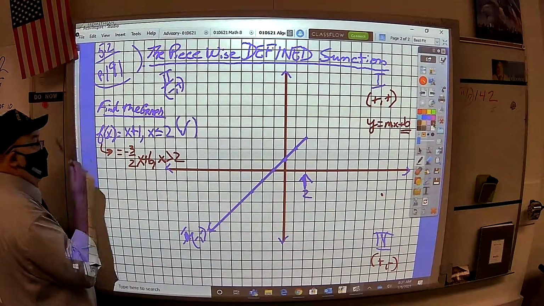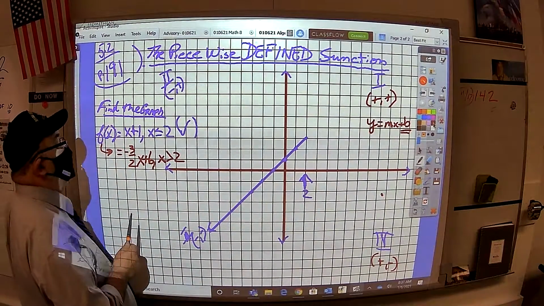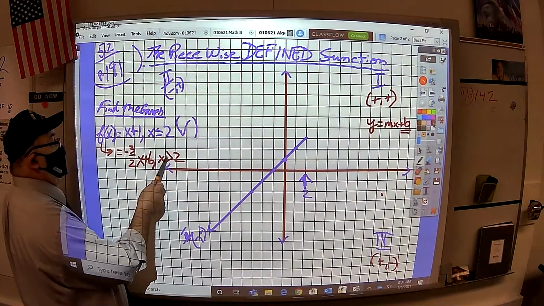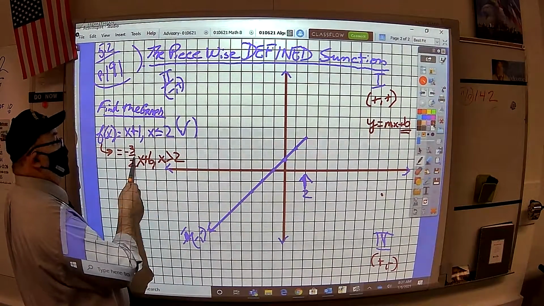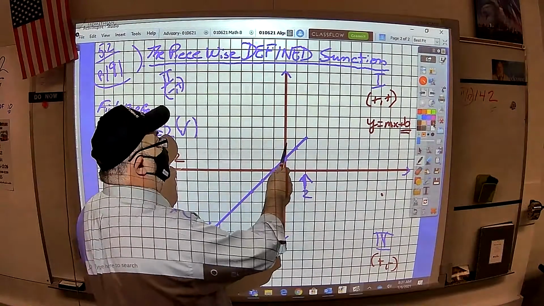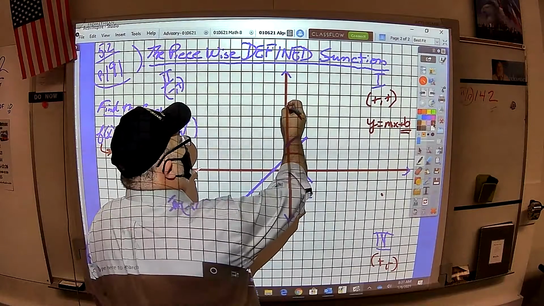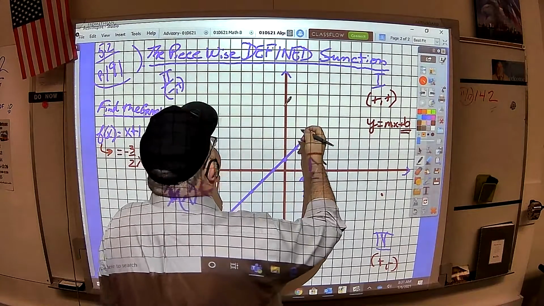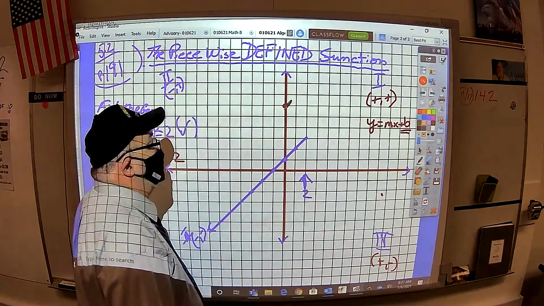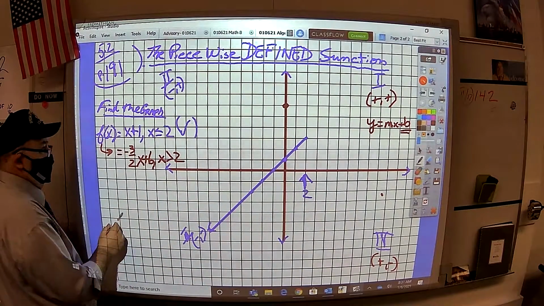So I'm going to start out by looking at 1, 2, 3, 4, 5, 6, and I'm going to do it in that red that I've used for my x and my y.